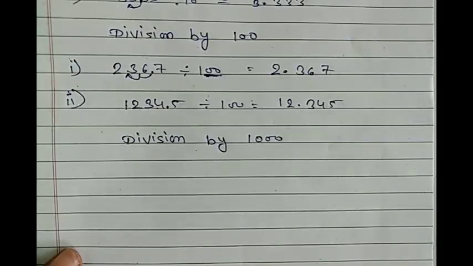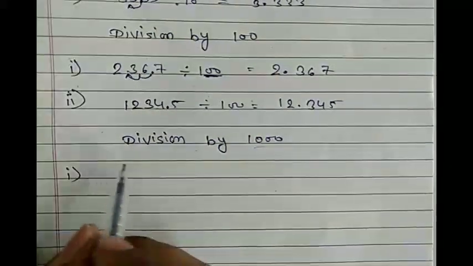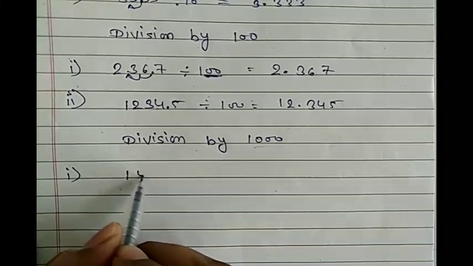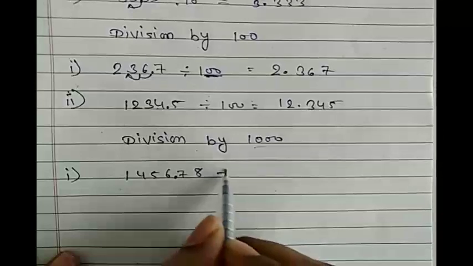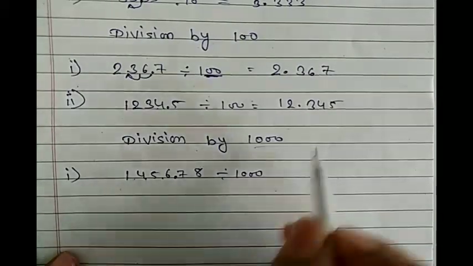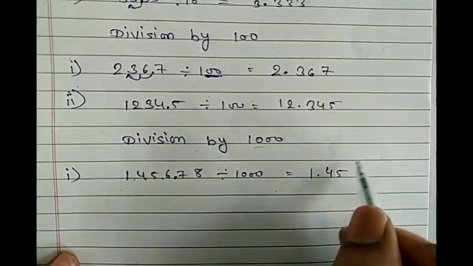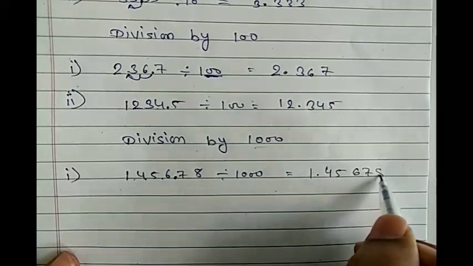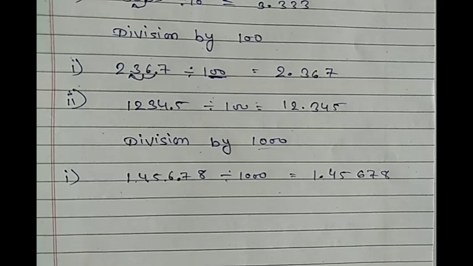In that case, we have to change the place of the decimal by three digits. Three places, 1, 2, 3. The answer will become 1.4567. In such a way, we can divide a decimal number by 10, 100 and 1000.